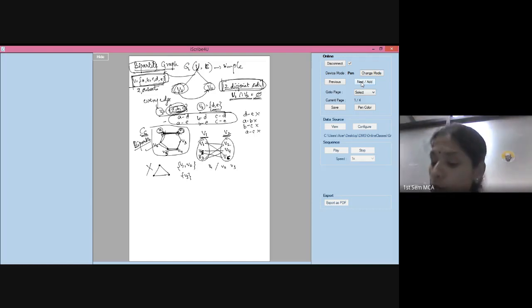Let me give you one more graph. I want all of you to tell me whether it is bipartite or not. Let me take some graph like this.